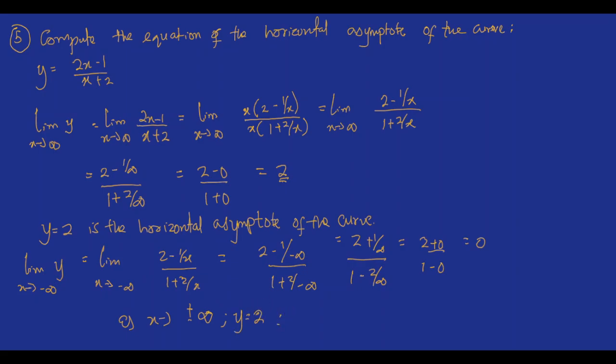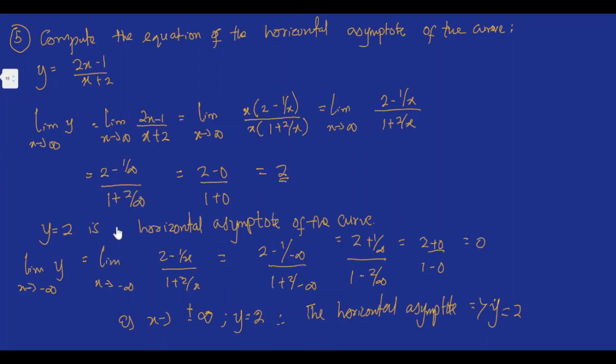Therefore, y is equal to 2 is a horizontal asymptote of the function.